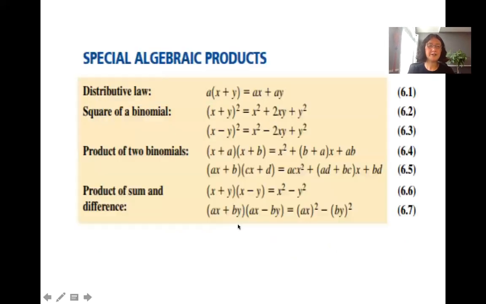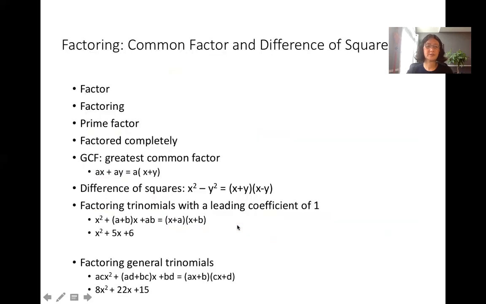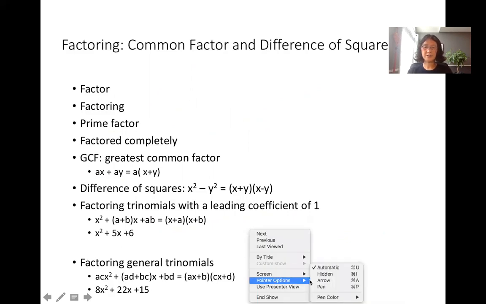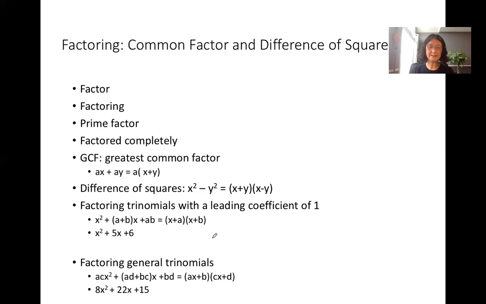So next one, factoring general trinomials. For this one, it is a little bit complicated, so you need to recognize the characteristics. This is x squared plus something x plus a constant. And you need to identify 4 different numbers, A, B, C, D. You arrange A, B, C, D this way.